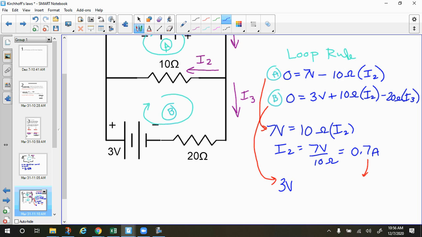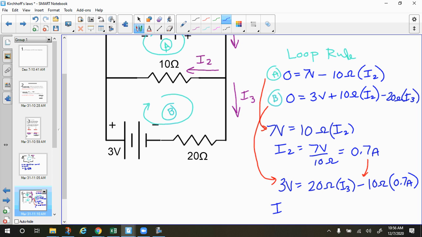So 3 volts is equal to 20 ohms times I3 minus 10 ohms times I2, which is 0.7 amps. I should have drawn that arrow a little bit differently. And then we're solving for I3 here.